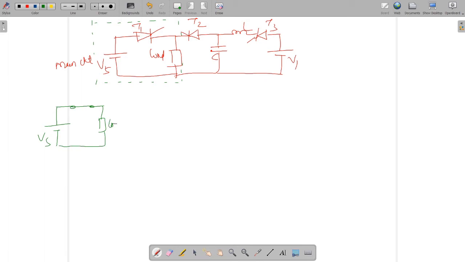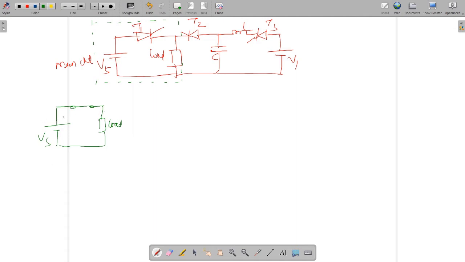Now the remaining paths are open because you have not applied any gate pulse to T2 and T3, and you know that unless you provide a gate pulse, your SCR is not going to enter into the forward conduction mode. Your SCR will remain either in forward blocking or in reverse blocking. So now you have a simple circuit, that is the voltage Vs and the load. The entire voltage will come across your load.